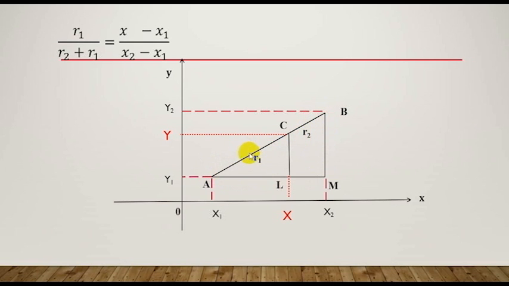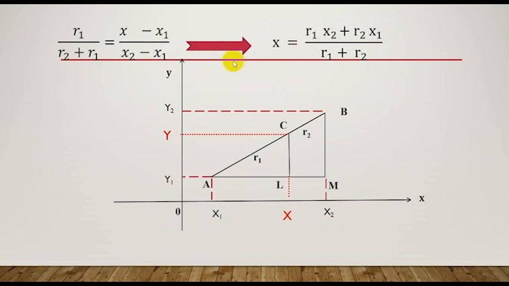So with the division, R1 over R1 plus R2 equals, for X, that part in the triangle, X minus X1, over the whole one, which is X2 minus X1, and this will give me X. So if I have X2 and X1, R1 and R2, I can get X from this formula.